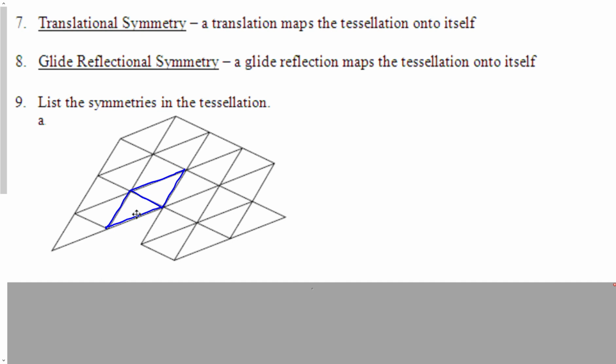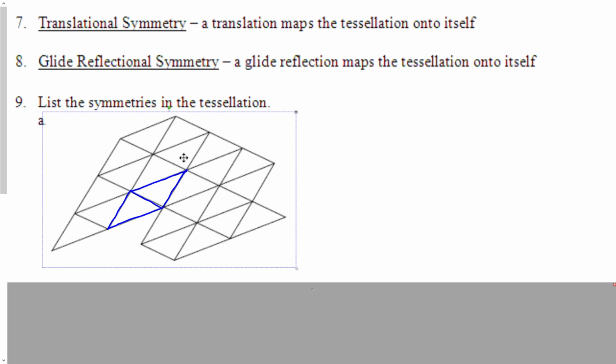Can I rotate at all to the point where this will be matching up? So notice now I've rotated this 180 degrees. That would have point symmetry because I rotated 180 degrees. It's specifically point symmetry.